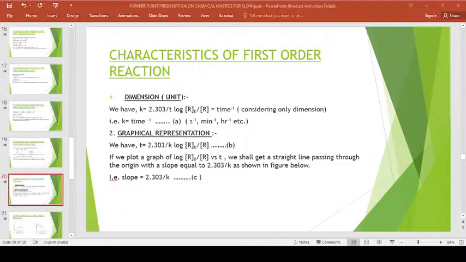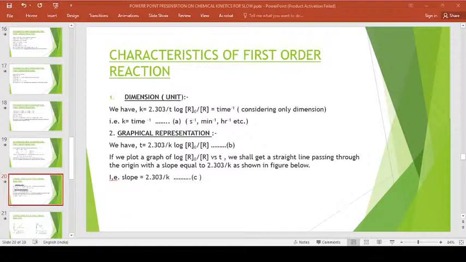First of all, to solve this question, you have to use the first expression, that is k equals 0.693 divided by t half. You substitute the value of t half as 77.78 minutes.